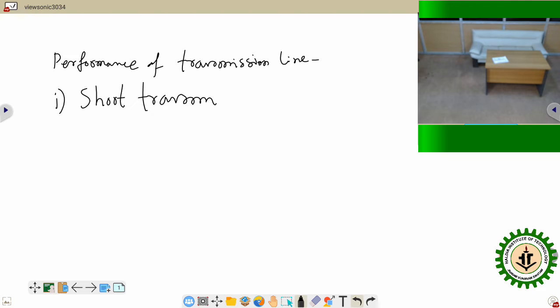Number two, the medium transmission line.